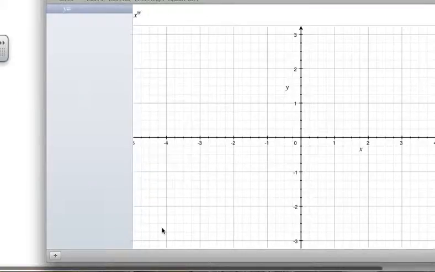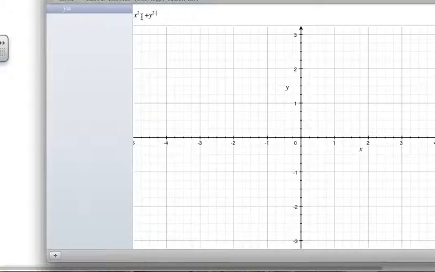This is not behaving nicely. So I'm going to have x, then you use a caret, 2, and then you want to space over, plus y caret squared equals 9.